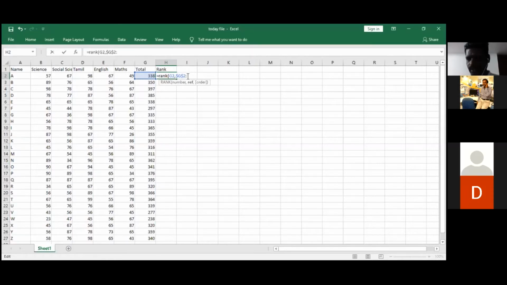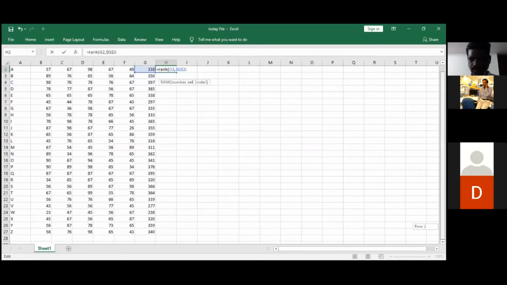Then a semicolon, then the reference up to G27, the last cell in the column, G27.